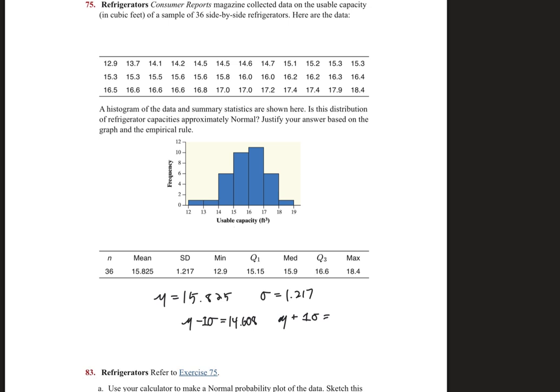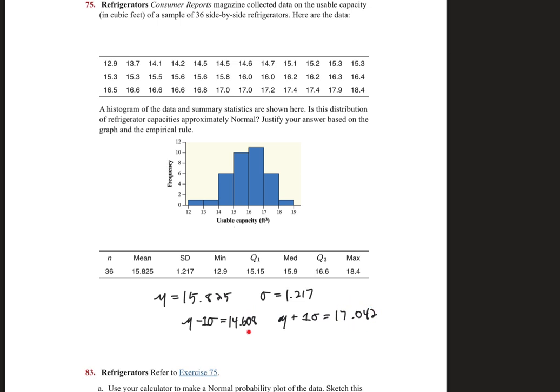And let's do the same thing but plus: 17.042. So this is one standard deviation less than the mean, and one standard deviation to the right of the mean.